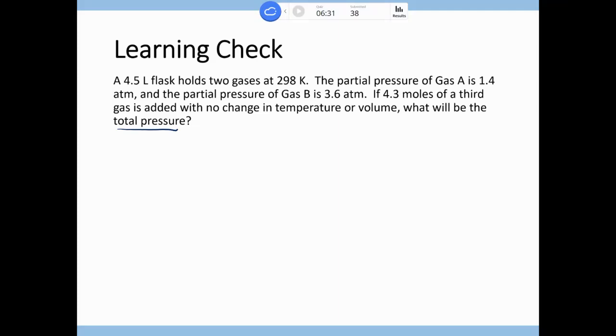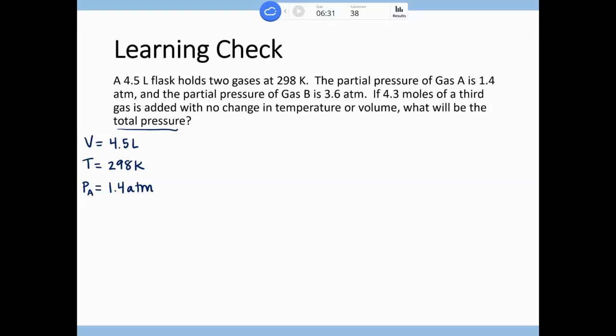So let's dissect what we have so far here. Initially they give us the volume. So our volume is equal to 4.5 liters. They are also giving us temperature. So temperature is 298 Kelvin. They give us the partial pressure of gas A. So we'll say pressure for subscript A is 1.4 atmospheres.